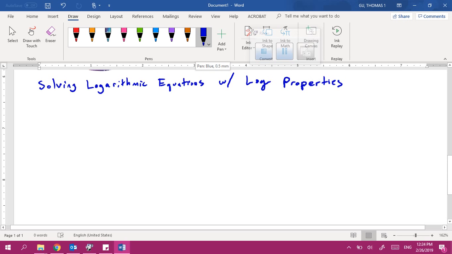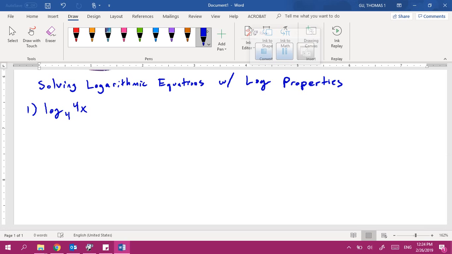So first example is going to be log base 4 of 4x plus log base 4 of 2 equals 3.